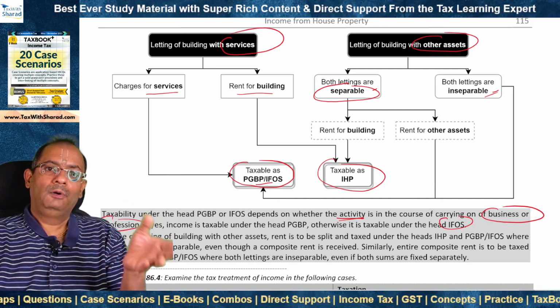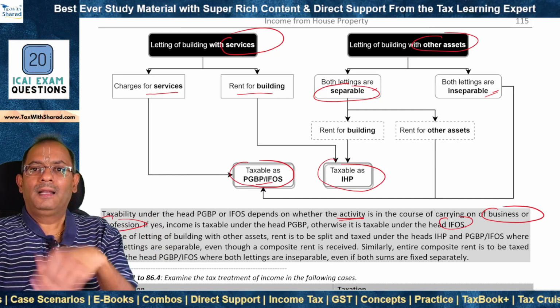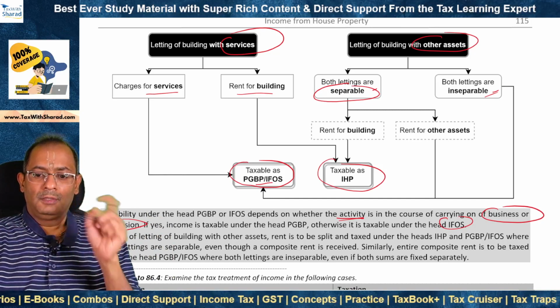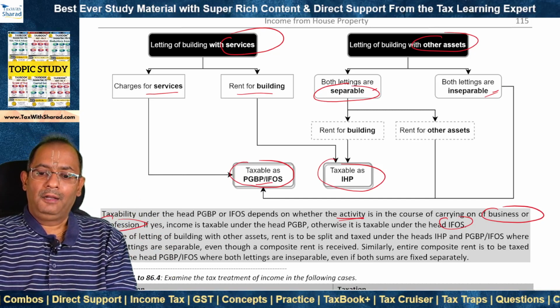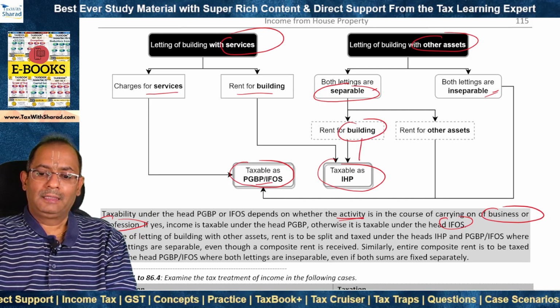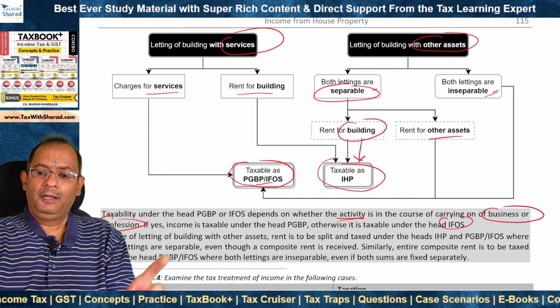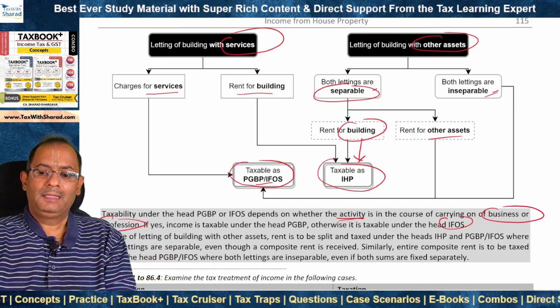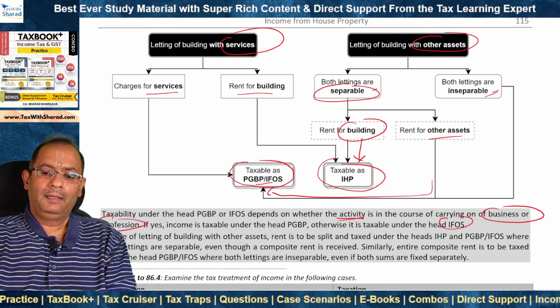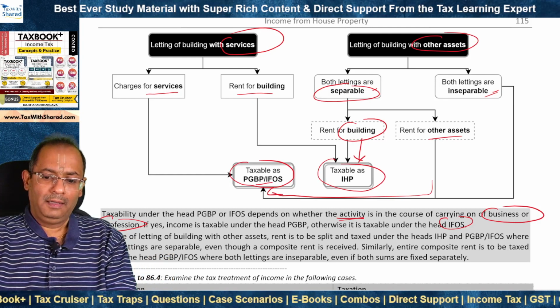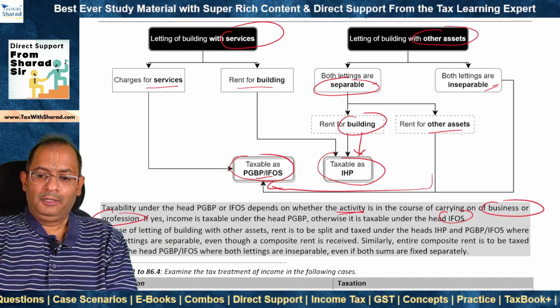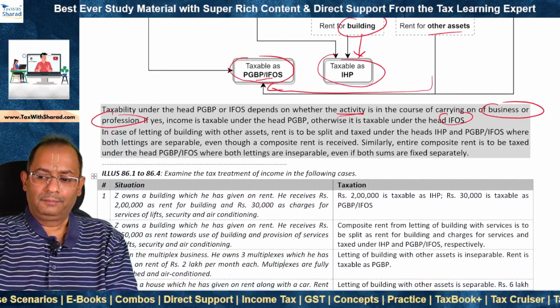A house may be let out without a car, and the car itself may be let out without the house. In that case, rent for the building will be taxable under the head IHP, and rent for the car, that means rent for other assets, will be taxable under the head PGBP or IFOS. So this is the tax treatment for composite rent.